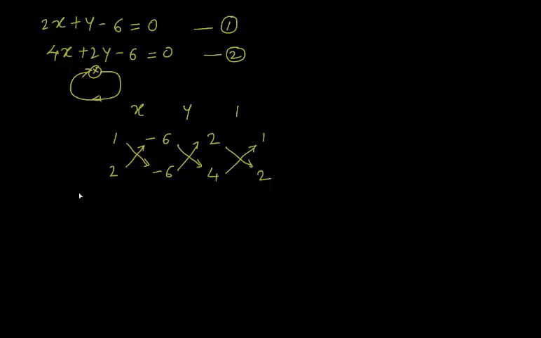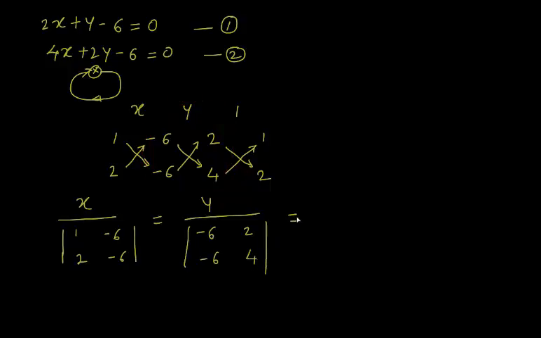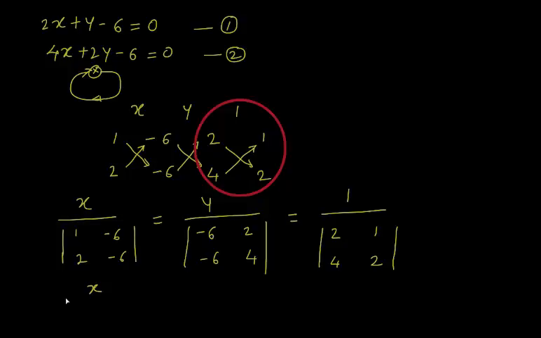Now let's write down these coefficients in equation form. x divided by, the terms are 1 and 2, minus 6, equal to y, which has terms minus 6, then 2 and 4, and for the constant we have terms 2 and 4 and 1 and 2.